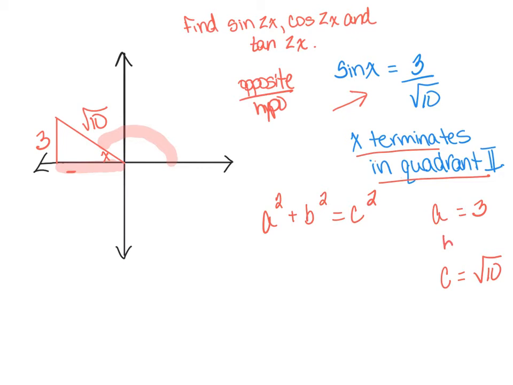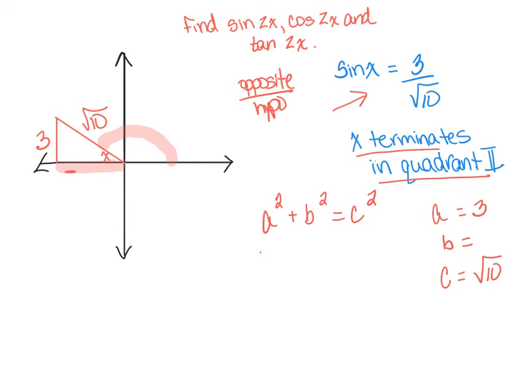So we don't know what this b value is. Now, we're dealing with squares and square roots, so right now we're dealing with that as a positive number. But when we put that over here, because of where it's located on the Cartesian plane, it's got to be negative because that length right there is negative. Okay, so let's go ahead and use the quadratic formula.